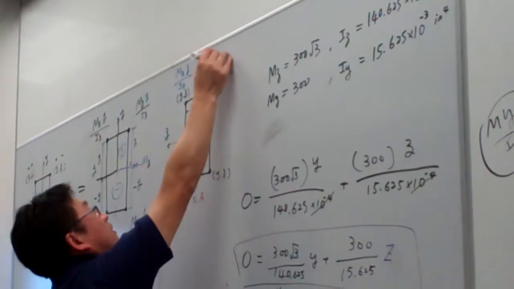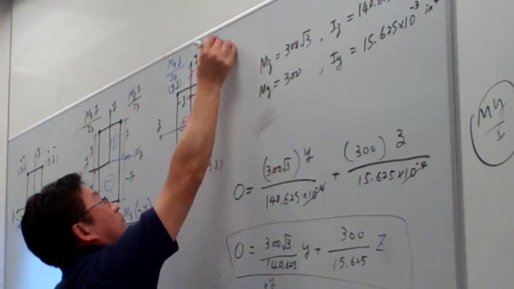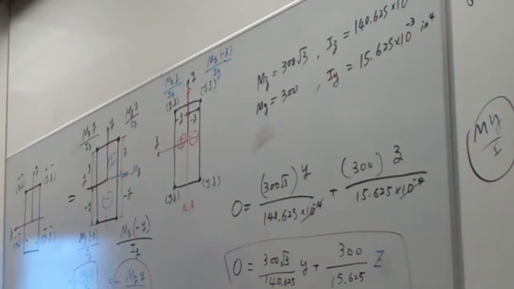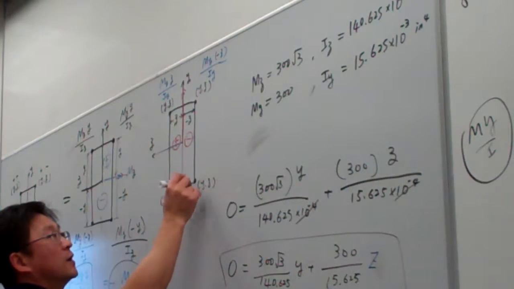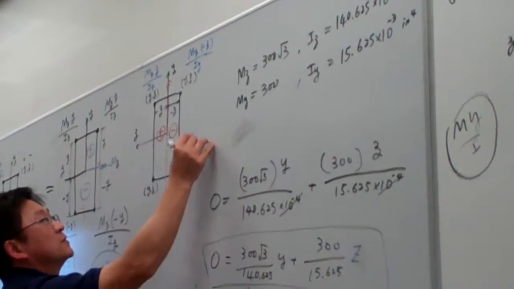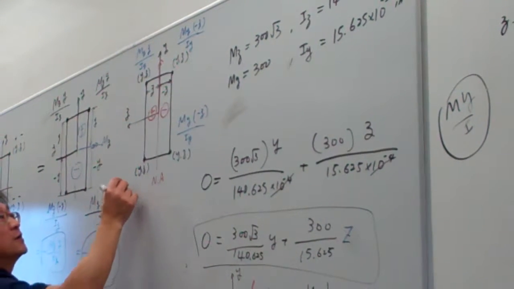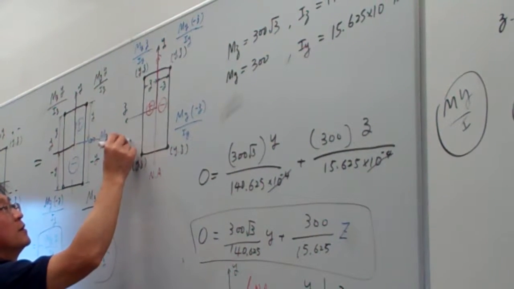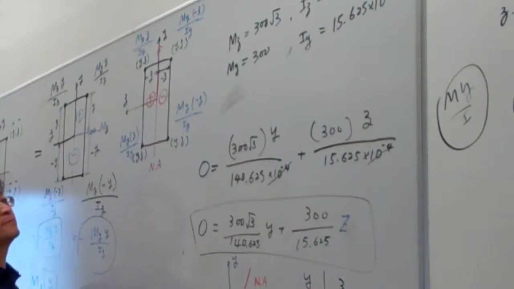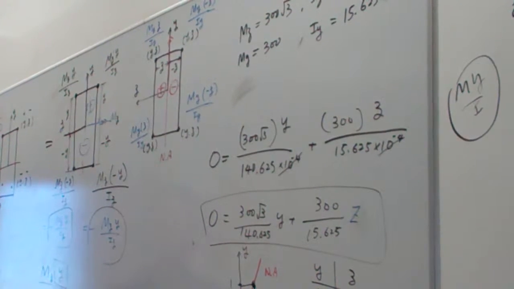At this point, the magnitude of the stress is My over Iy multiplied by the distance. And this one here is My over Iy times distance. And again, right now we have 4 formulations.